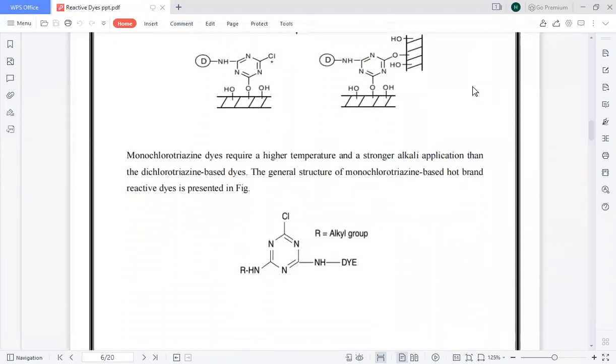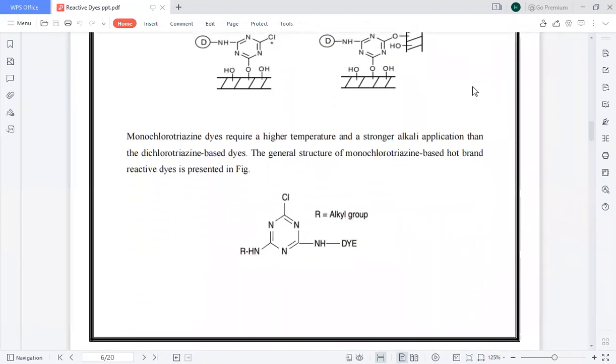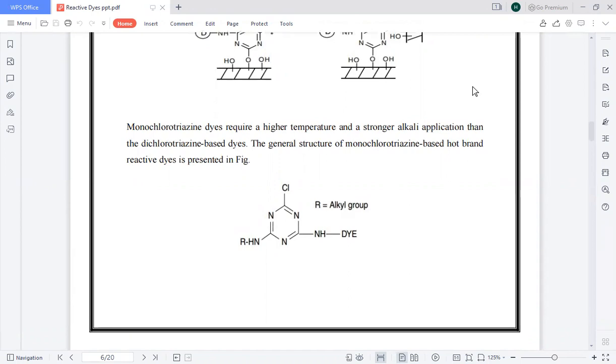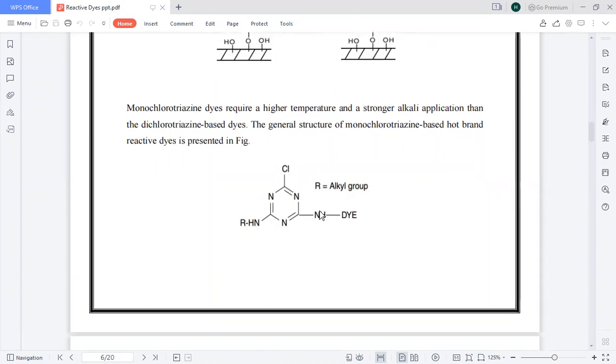So monochlorotriazine dyes require a higher temperature and a stronger alkali application than the dichlorotriazine based dyes, because they have only one chlorine atom, as I told in the previous session. The general structure of monochlorotriazine based hot brand reactive dye is present in this figure.